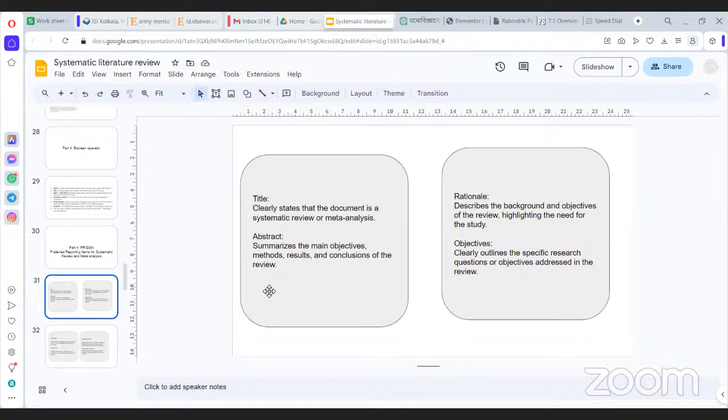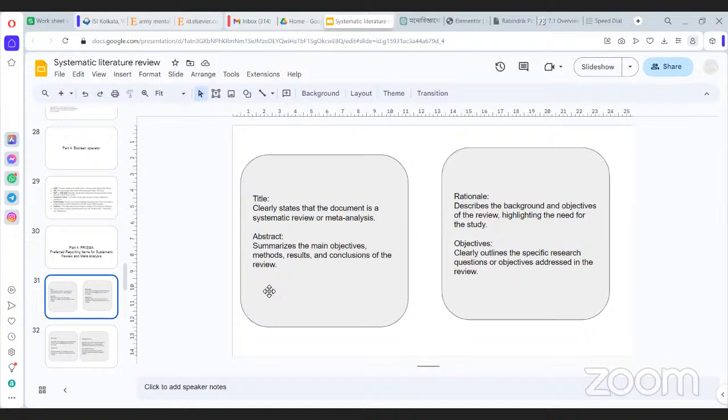Next, abstract. But it is not for Anthony. Why not for Anthony? Because Anthony will collect primary data, and based upon that, Anthony will present the results. That is not based upon a systematic review or meta-analysis. Okay, Anthony, it is clear to you now?